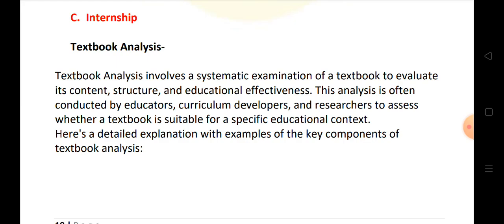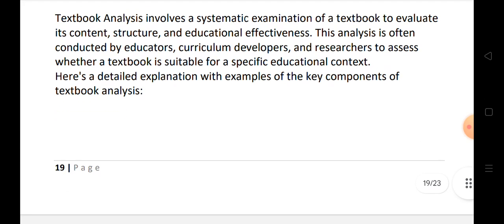So let us see what we have first of all: textbook analysis. Those of us who belong to a science background were given the science or maths textbook to analyze, and those from a social science background were given the social science textbook. Textbook analysis involves a systematic examination of a textbook to evaluate its content, structure, and educational effectiveness.